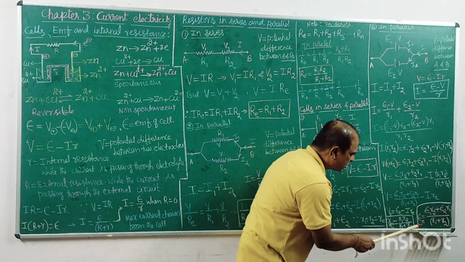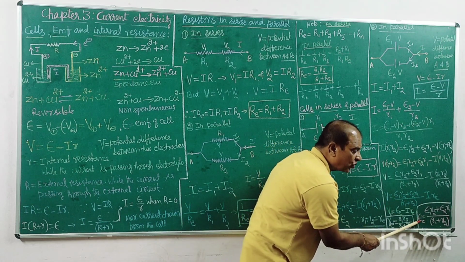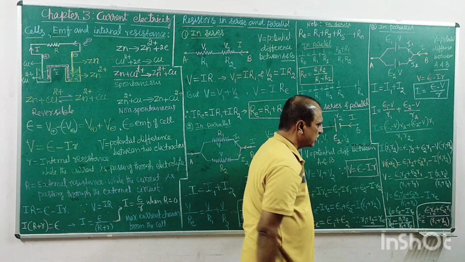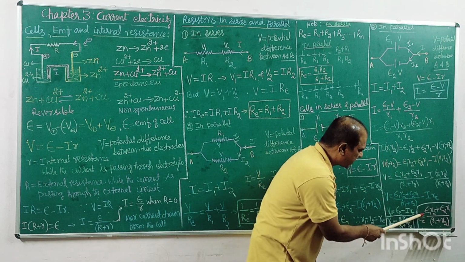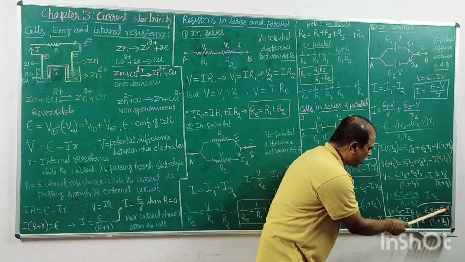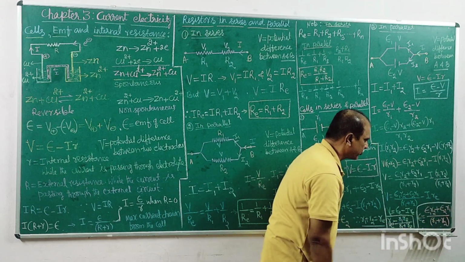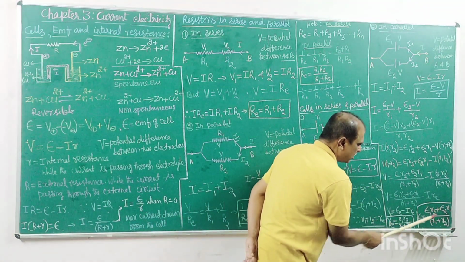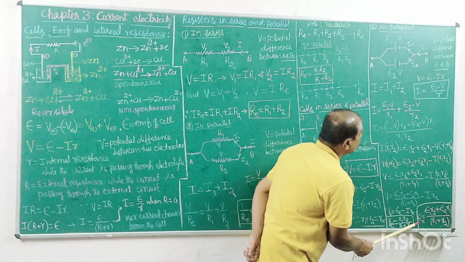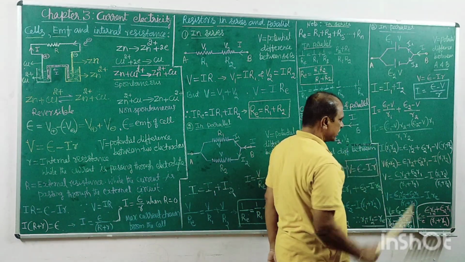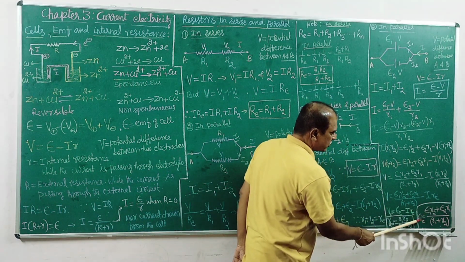I want an expression for epsilon E, the effective EMF, if the cells are connected in this fashion. Look at this mathematics: epsilon 1 R2 plus epsilon 2 R1 divided by R1 R2. Here it is not multiplied, it is additive. There is an equation that says that. So this is the effective EMF for this type of arrangement.